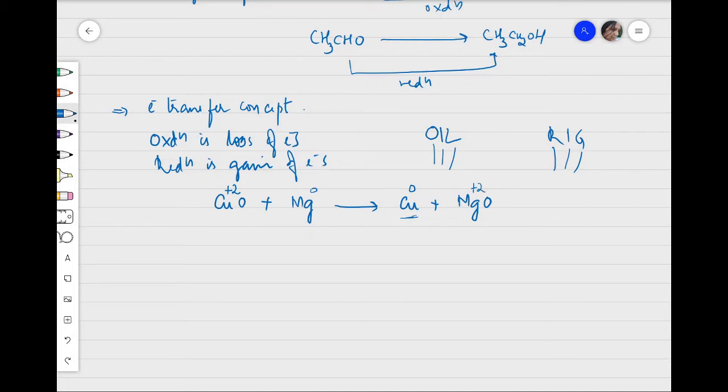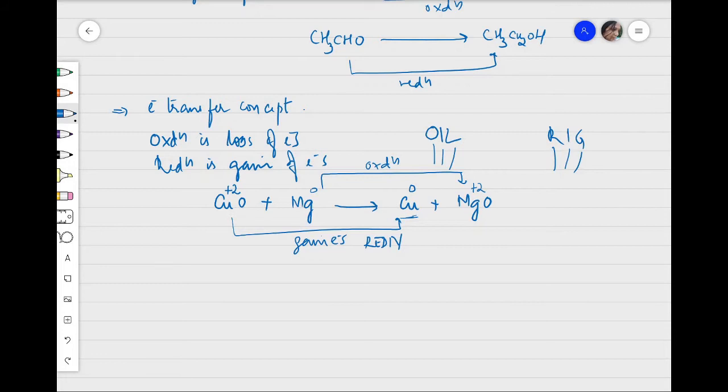Okay, so here you can see copper +2 എന്ന് copper 0 ആവാൻ വേണ്ടിയിട്ട് it had to gain electrons. So what is this? It is reduction. Okay, Mg0 became Mg2+, so it is oxidation because it lost electrons.